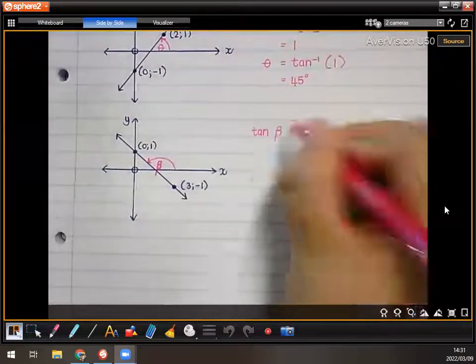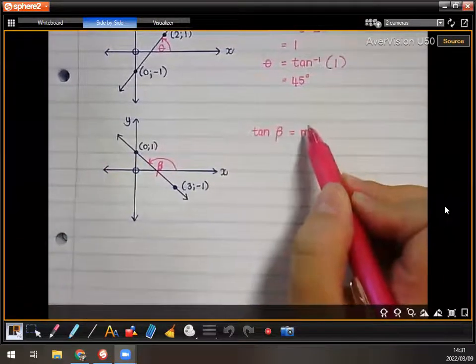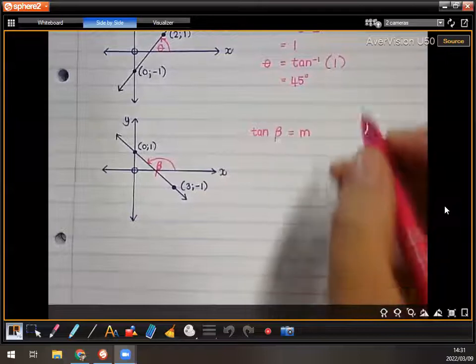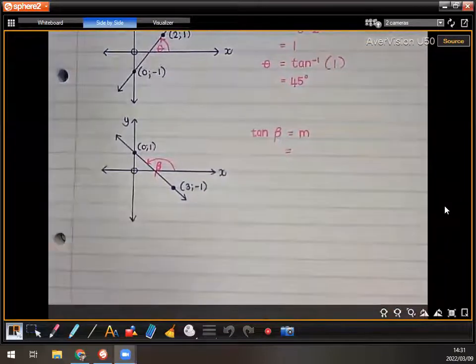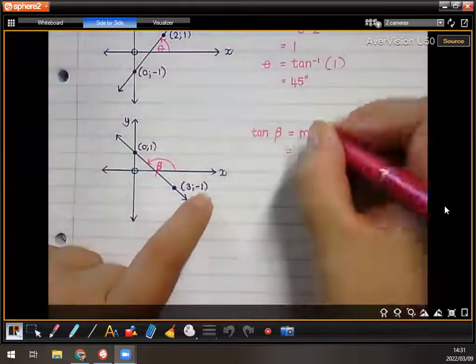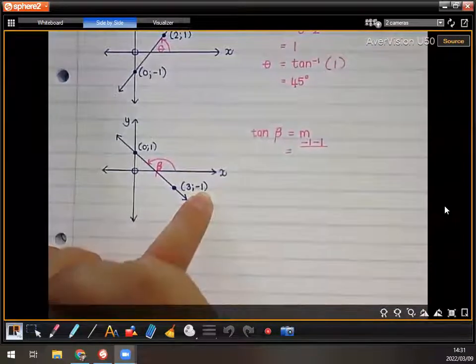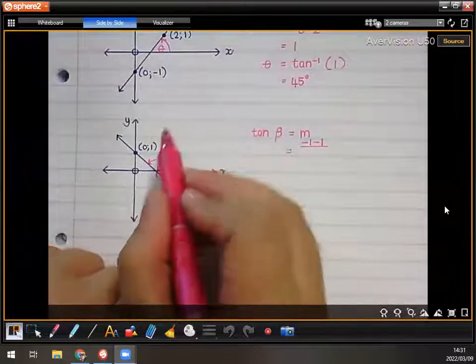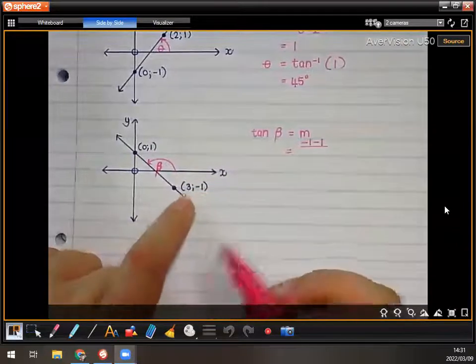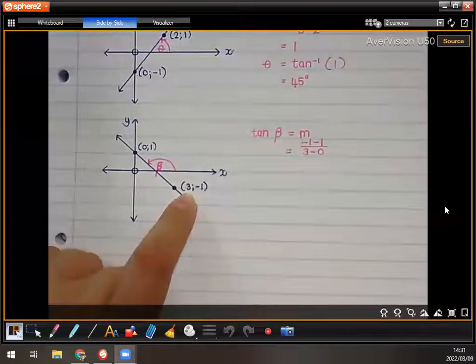Okay, so now I need to find the gradient of this one, just like we did before. Tan of beta is equal to the gradient. We're always going to have to find the gradient. So again, we're going to do change in y over change in x. Let's again do the bottom one minus the top one. So we're going to do change in y, -1 minus 1, right, -1 minus that one, which is 1, over change in x, 3 minus 0.